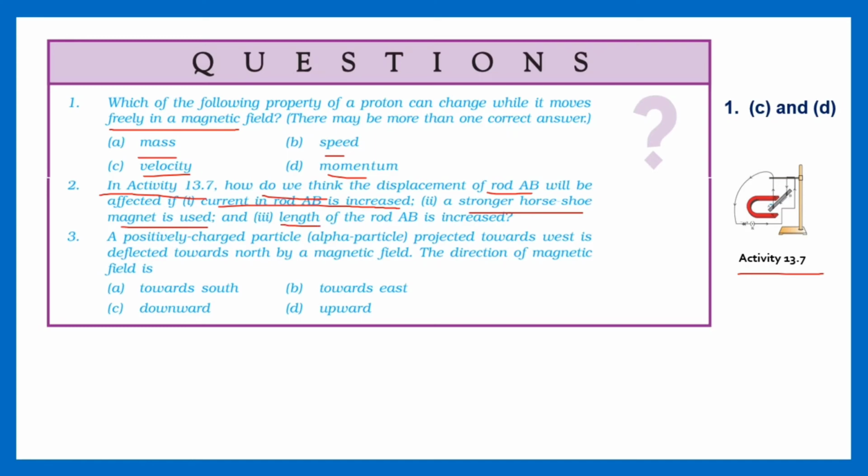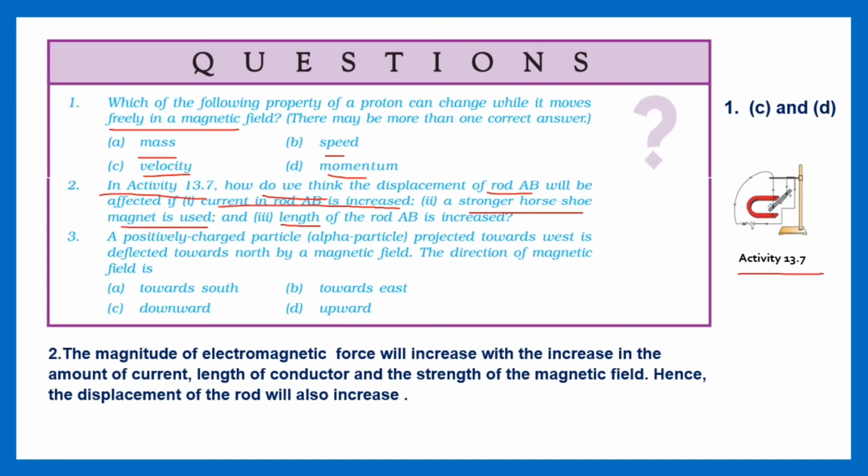The magnitude of electromagnetic force will increase if the amount of current is increased, right? And if the length of the conductor is increased, then also the magnetic force will increase. And when the magnetic force is increasing, at that time the displacement of the rod will also increase.